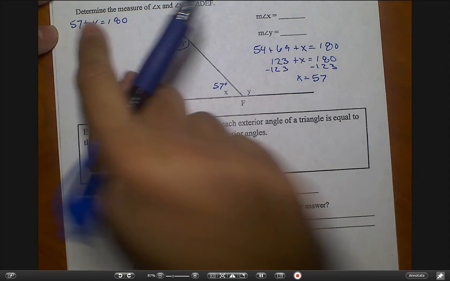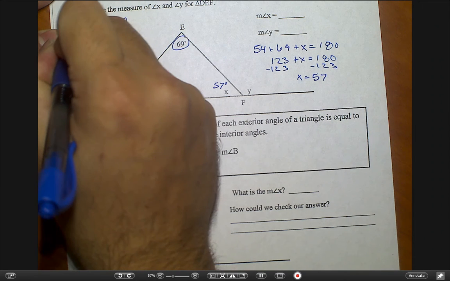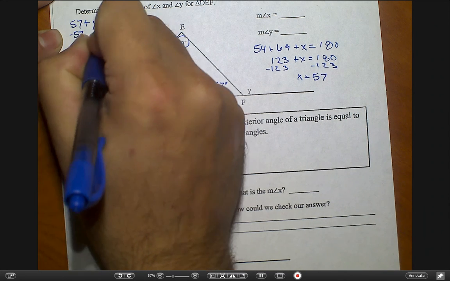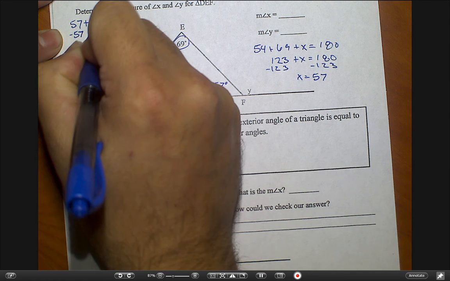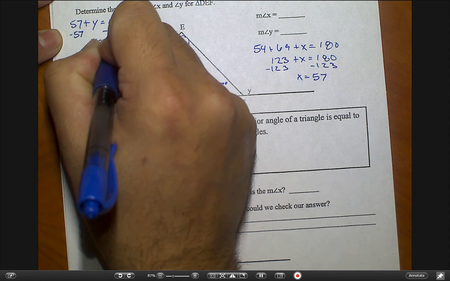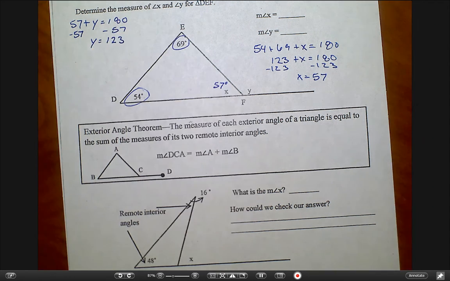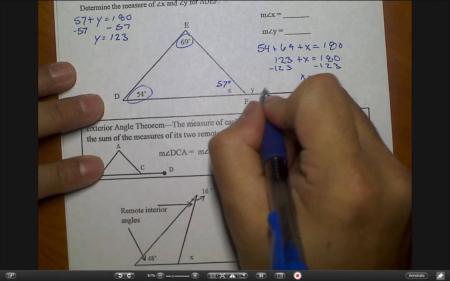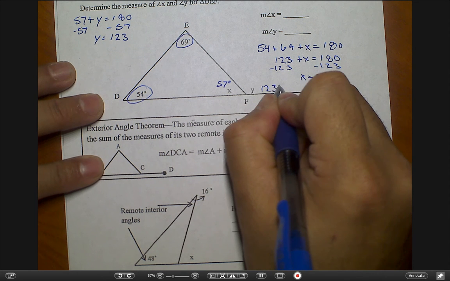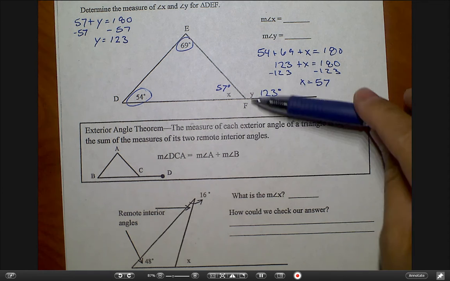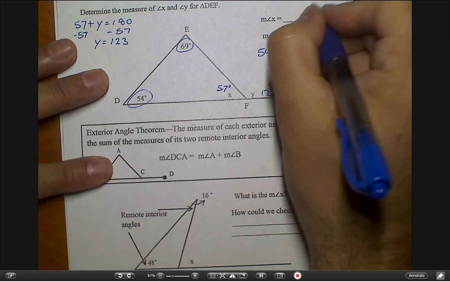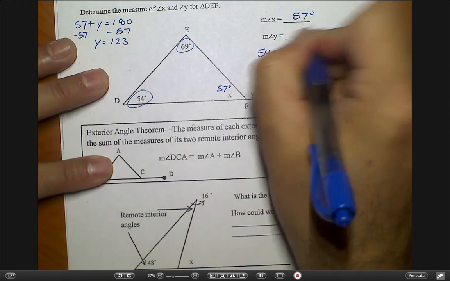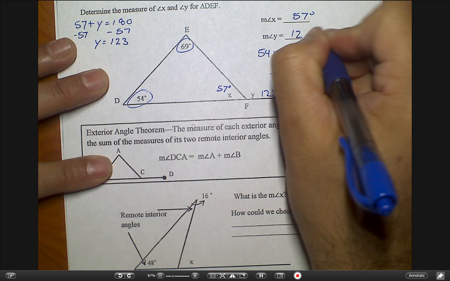Subtract 57. So y is, what is it? 123, very good. So y is going to be 123. Now let me fill in my blanks: 57 degrees, 123 degrees.